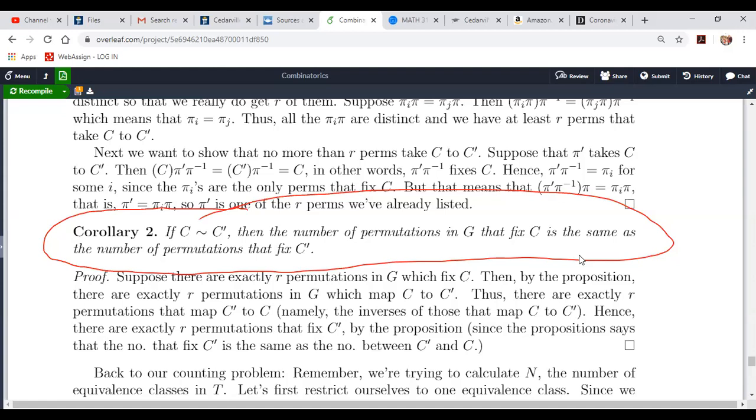So R things fixing C implies R things that move me from C to C prime, and I want to claim that there will also be R things that fix C prime. So let's prove that, and then I think we're going to be in business big time.